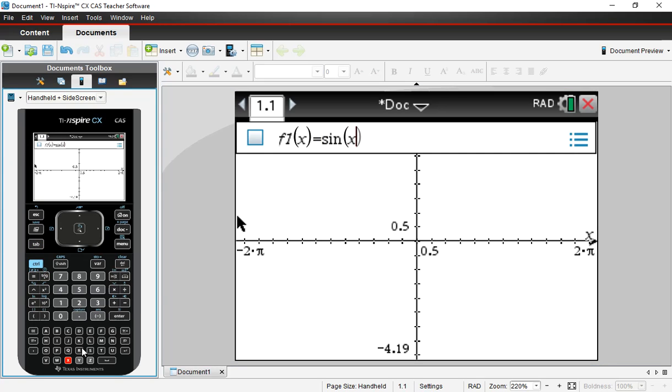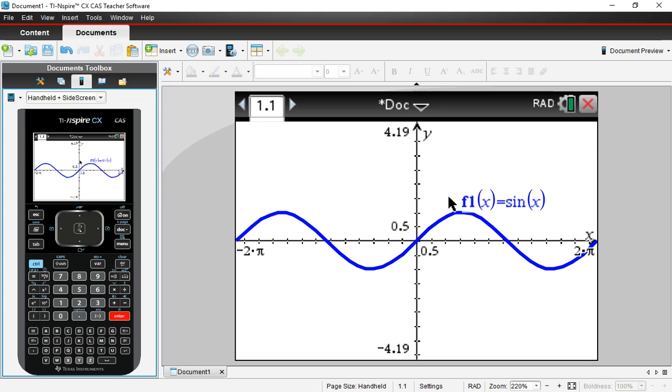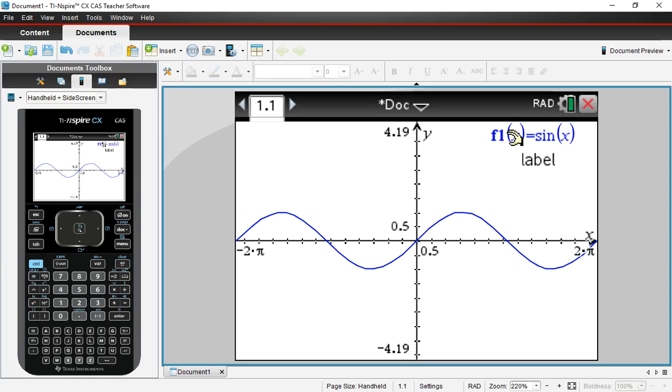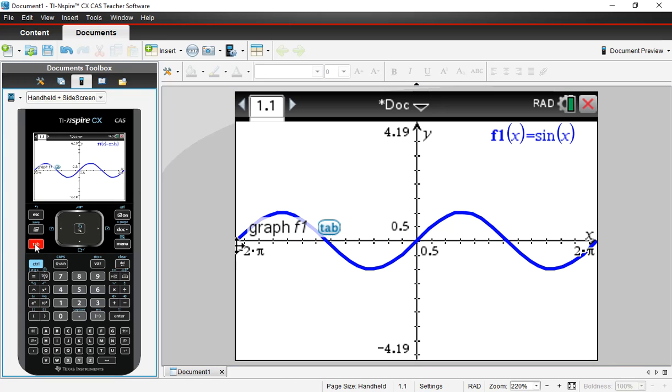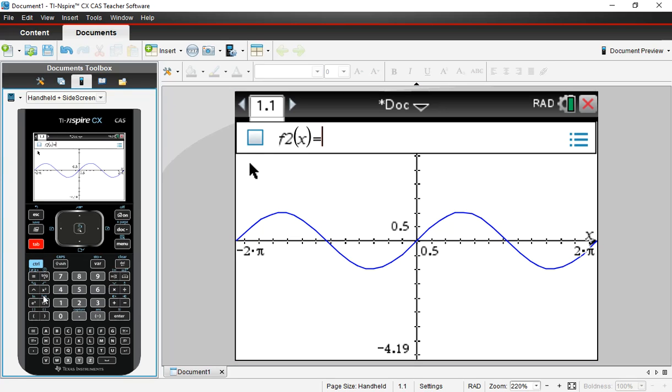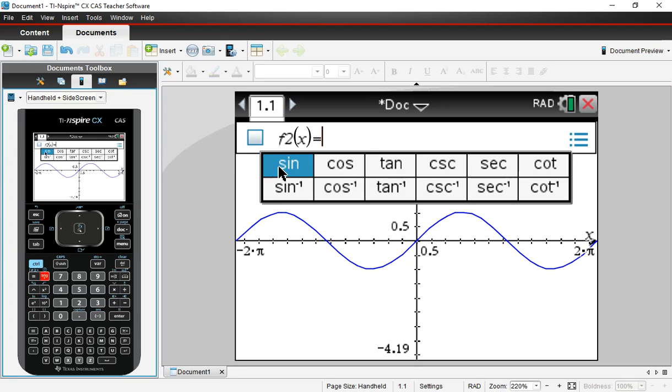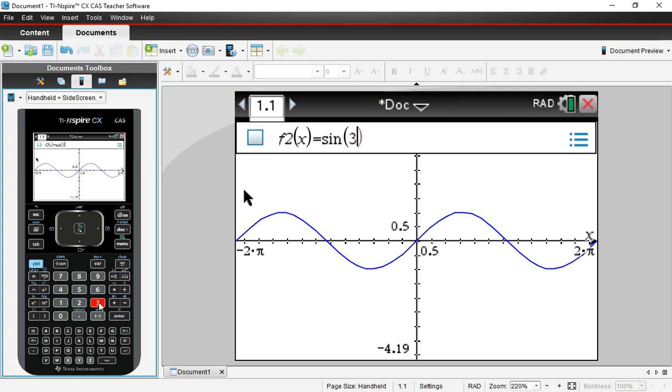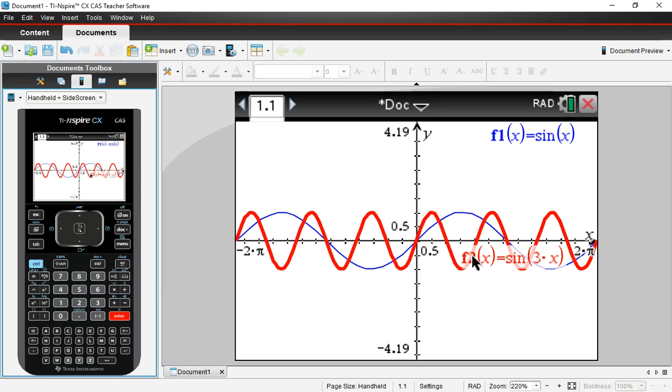Here's y equals sine of x. Now let's see what y equals 3 sine of x would do. So this is one complete period. That's what we graphed earlier. So here's y equals sine of 3x.